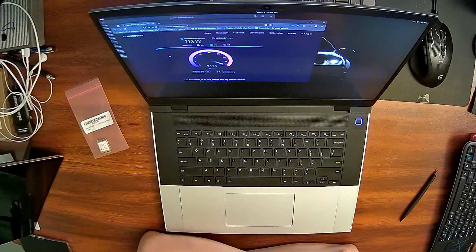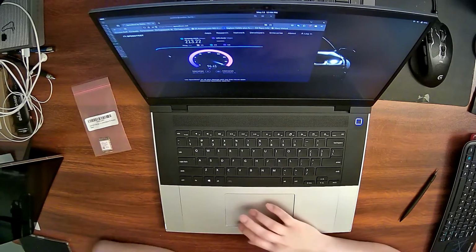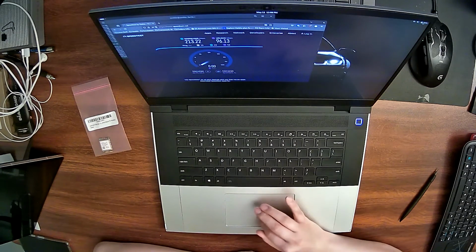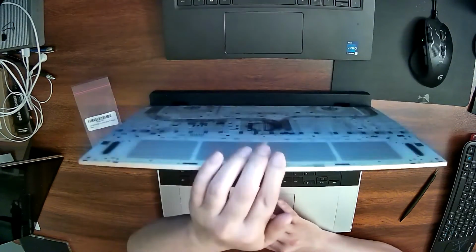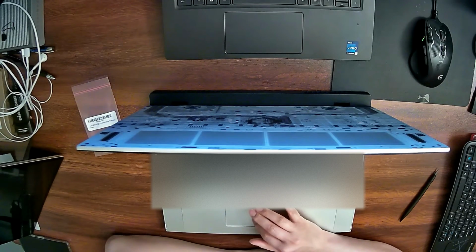Maybe because I'm not in the same room as the router, because I did my testing with the MediaTek when I was in the same room, so we'll see. Alright, I'm going to try out the 2.4 gigahertz.